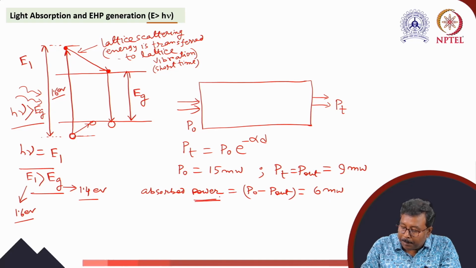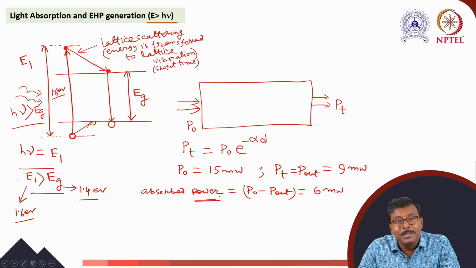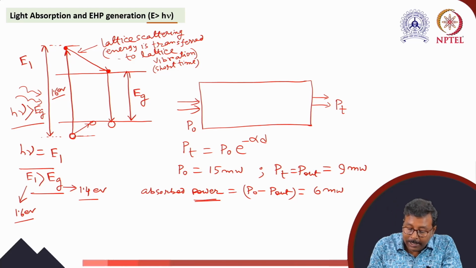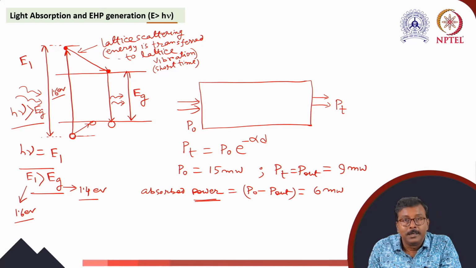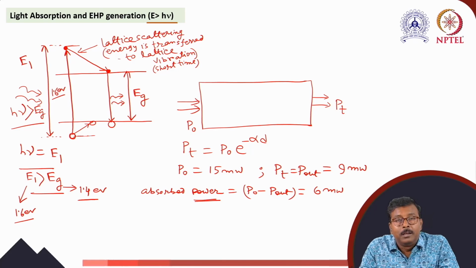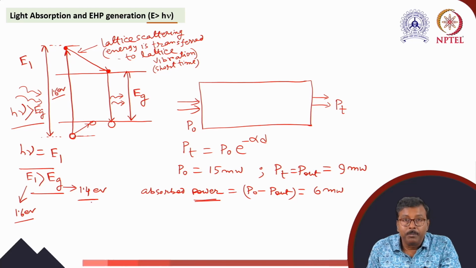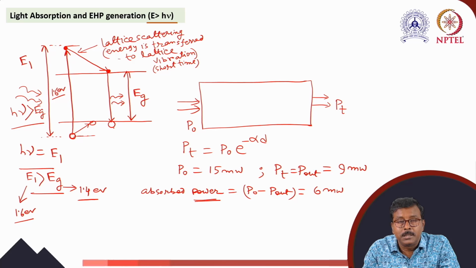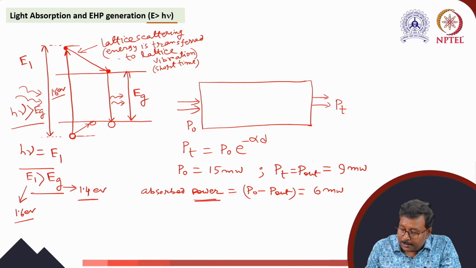Out of this absorbed power, some power is transferred to heat and some we can get back in the form of light again. So this h nu is in the order of 1.4 electron volt, corresponding to 1.4 electron volt. The rest of the power is transferred to heat energy.